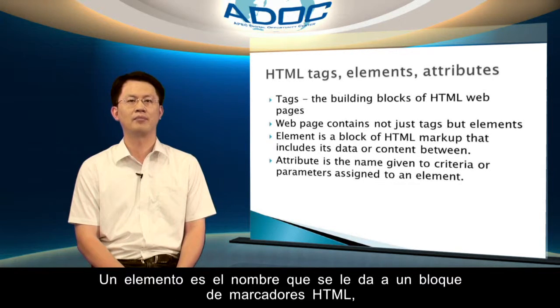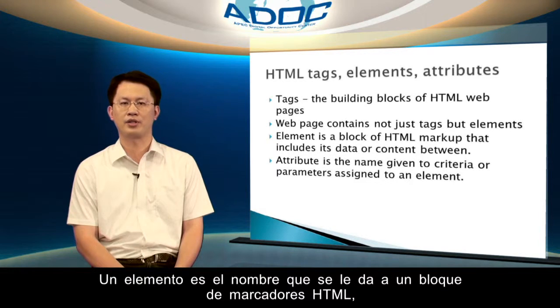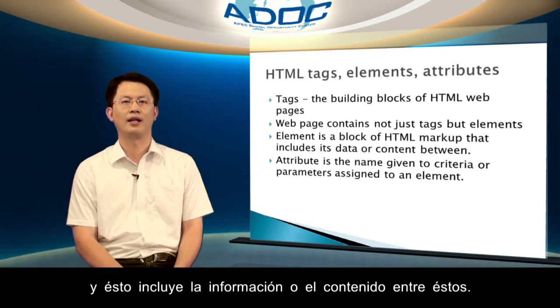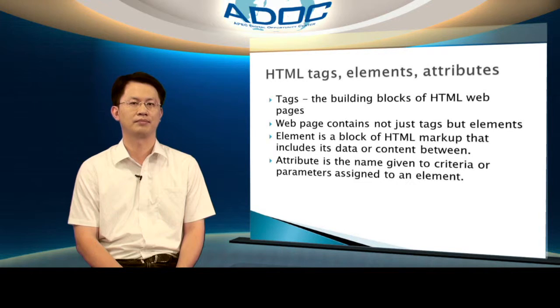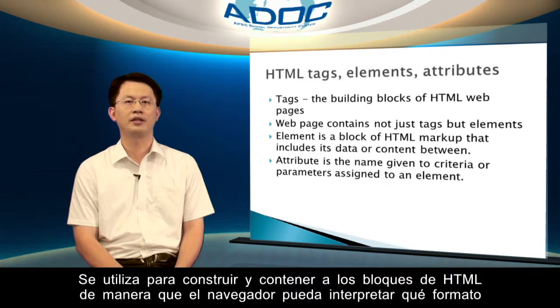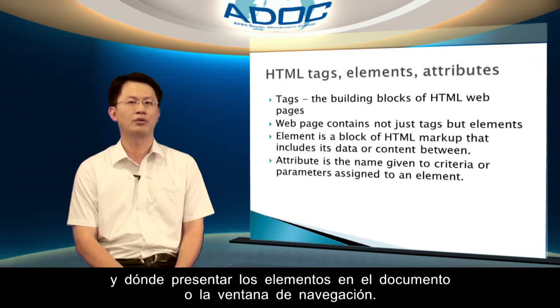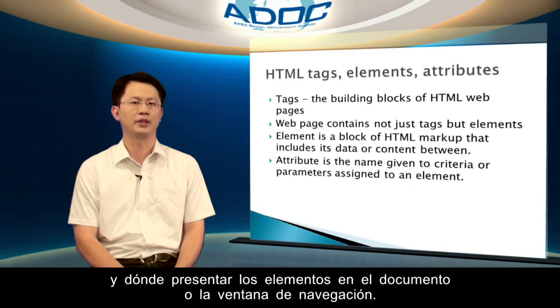Element is the name given to a block of HTML markup from its opening tag to its closing tag, and that includes its data or contents between. It is used to construct content blocks of HTML, so the browsers can interpret which format to use and where to present elements in the document or the browser window.